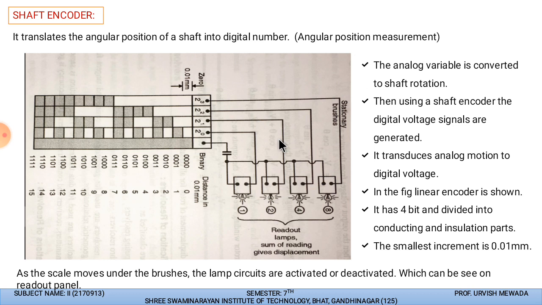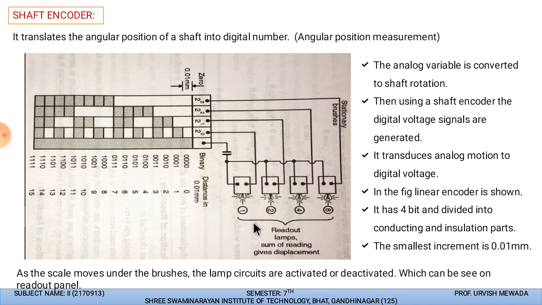As the scale moves under the brushes, the lamp circuits are activated or deactivated. As the brush moves on the surface of this plate, according to the arrangement or design of the plate, the bulb will glow, and this can be seen on the readout panel.